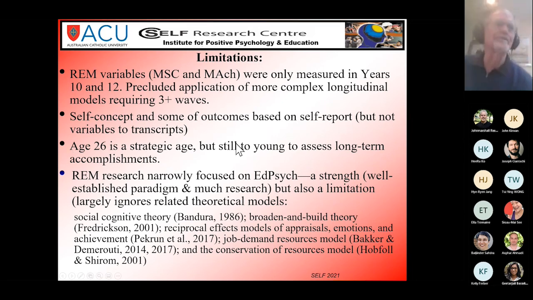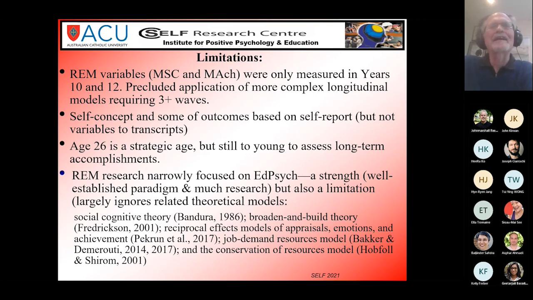Age 26 is a strategic age, but it's still too young to assess some of the long-term accomplishments. In fact, the educational and occupational expectations are for what's going to happen at year 30.